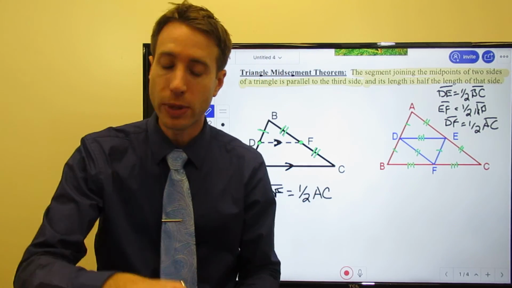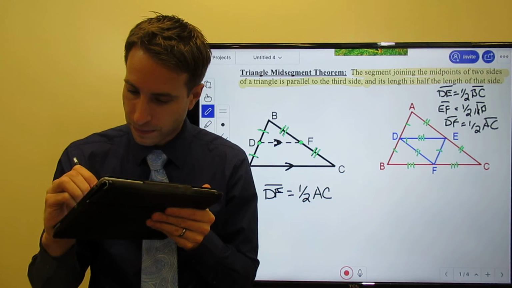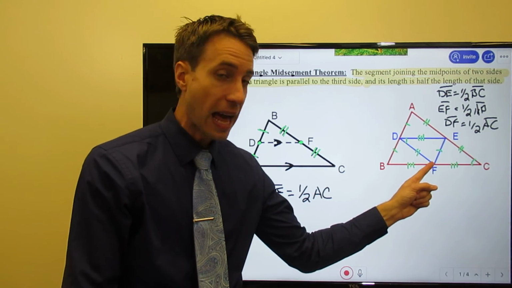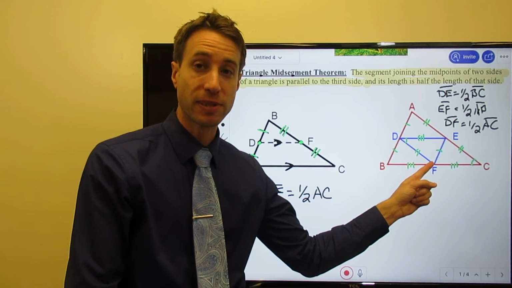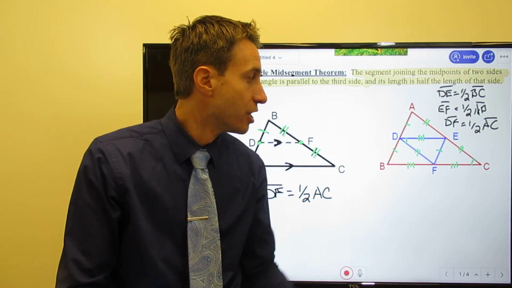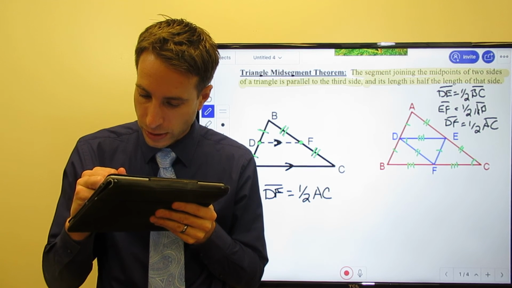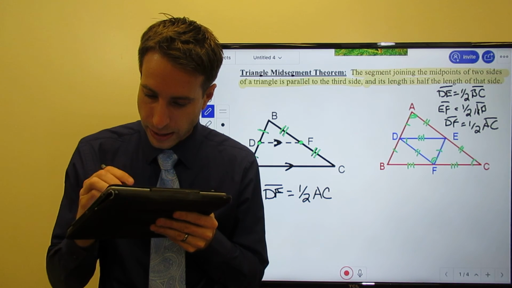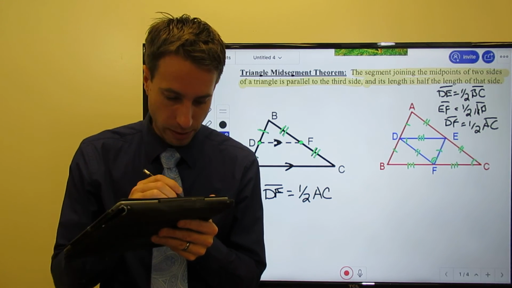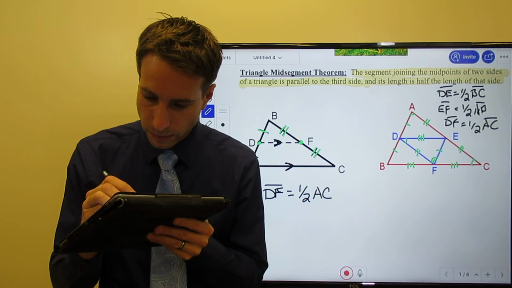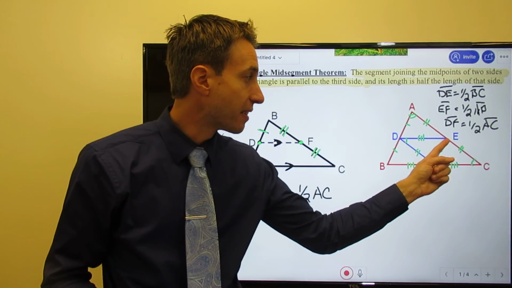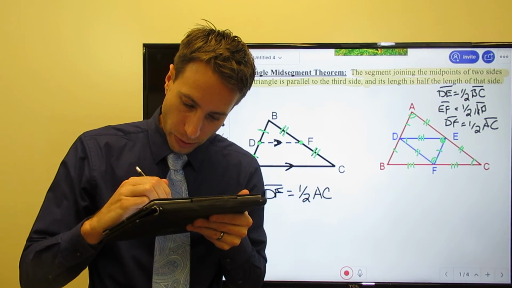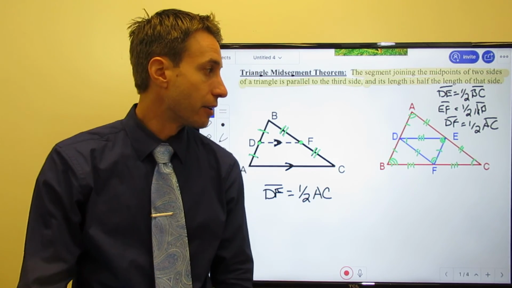So D will be congruent to C. Same thing here. Angle F will be congruent to the angle opposite from it in the larger triangle. So F and A are going to be congruent angles. Put the double arc in there. Oh, that is not a good arc. Hang on. Great. And then finally, angle E will be congruent to angle B. 3 arcs and 3 arcs.